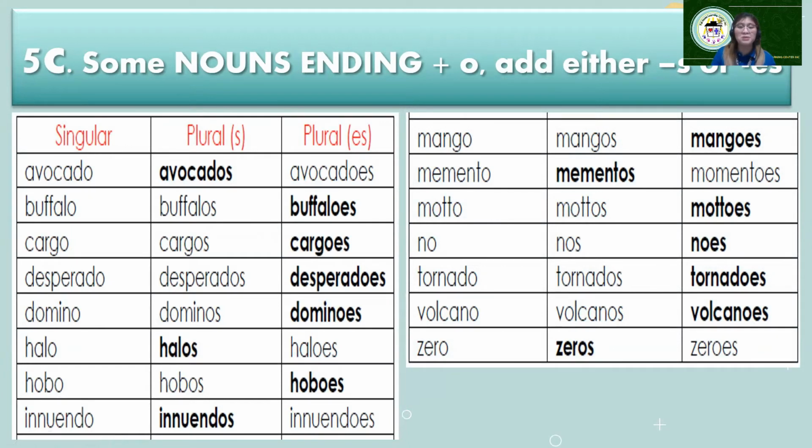So it's the same as belief. No means no. Okay? Then you also know the tornado, you also know the volcano, and of course the word zero. So if you have many zeros in the exam, for example, you can say either zeros or zeroes. So again, these are some nouns ending in O that you can add either S or ES to.